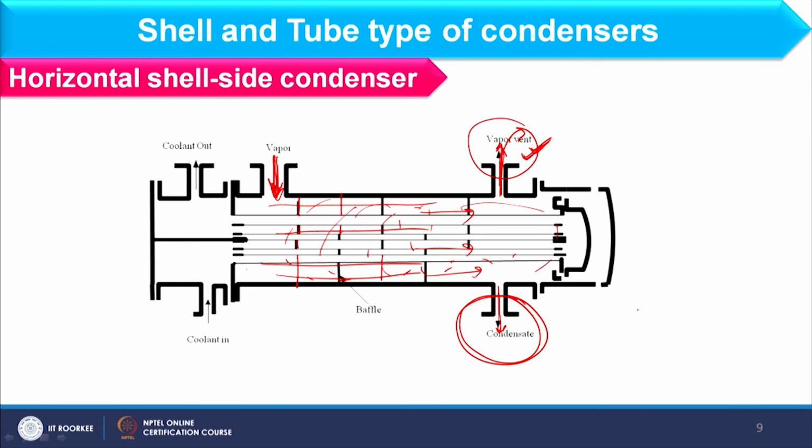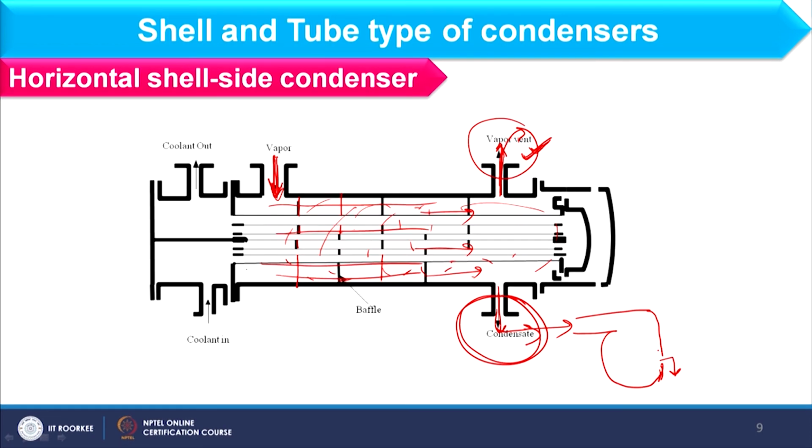Let us say condensate is exiting from here along with vapor, because you cannot stop vapor from moving out. It will enter into this steam trap, which has this type of structure, and from here we have the exit nozzle for condensate.